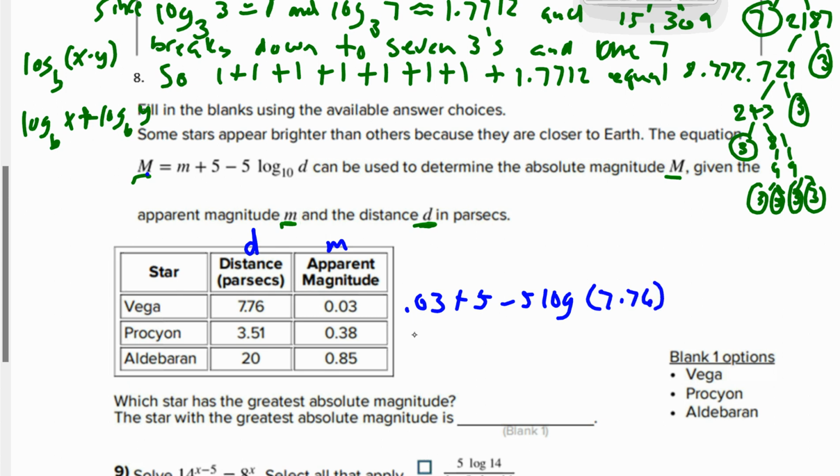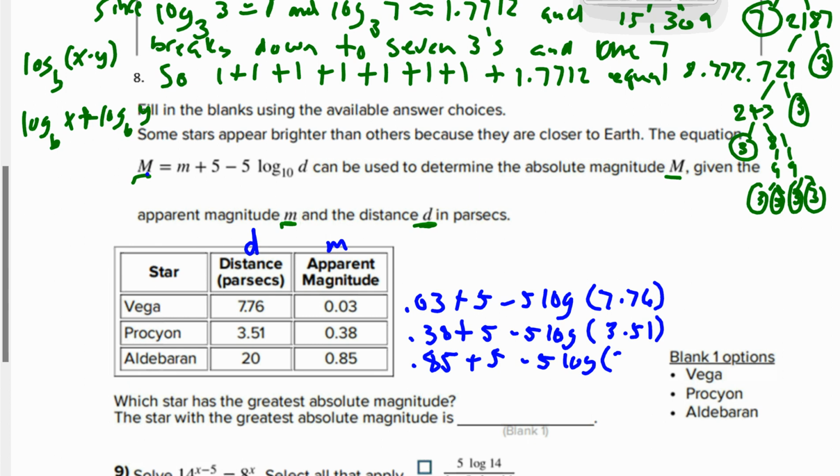Then I want to plug in 0.38 for the apparent magnitude with the distance of 3.51. Lastly, I plug in the apparent magnitude little m of 0.85 plus 5 minus 5 log of the distance, which is 20 parsecs.